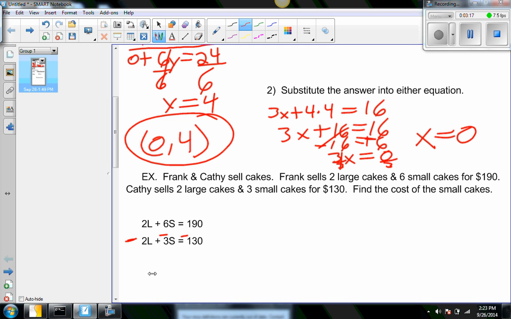If I'm changing it to a subtract problem, because 2 minus 2 is 0L, and then 6 minus 3 is 3S, and 190 minus 130 is 60. Then I just go ahead and divide by 3 to get my answer, and so my S equals $20.